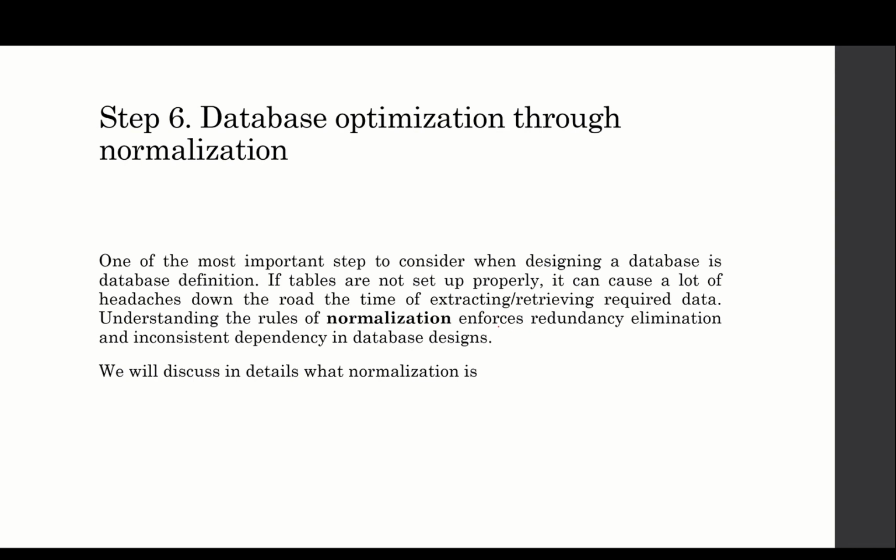By trying to enforce redundancy elimination, and inconsistent dependency should be removed. So we'll discuss normalization in a later unit. But this is a step that will investigate and diagnose if your database is correct.